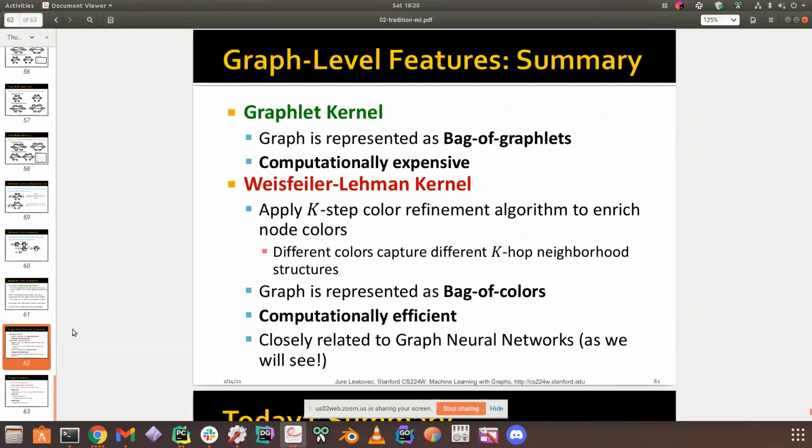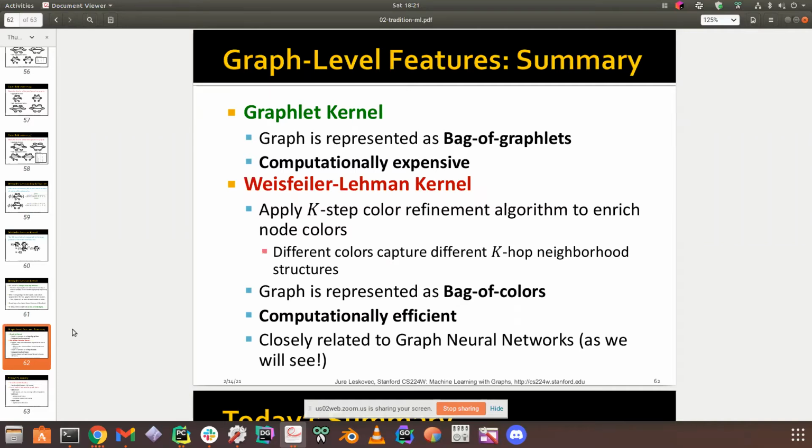Yeah, and then the next idea is one I can't pronounce the first word of, but they call it color refinement. You can think of the colors as different numbers, and you apply it recursively, for a fixed number of steps.